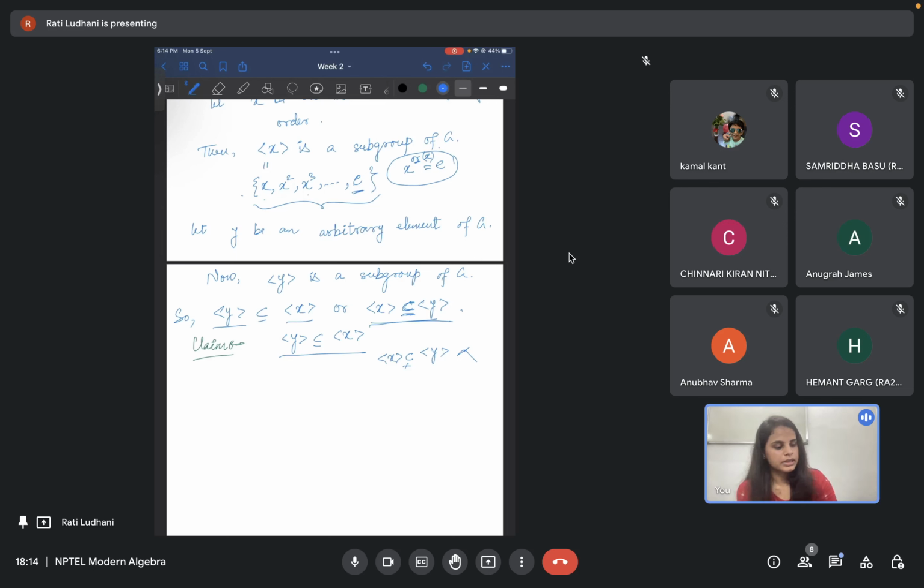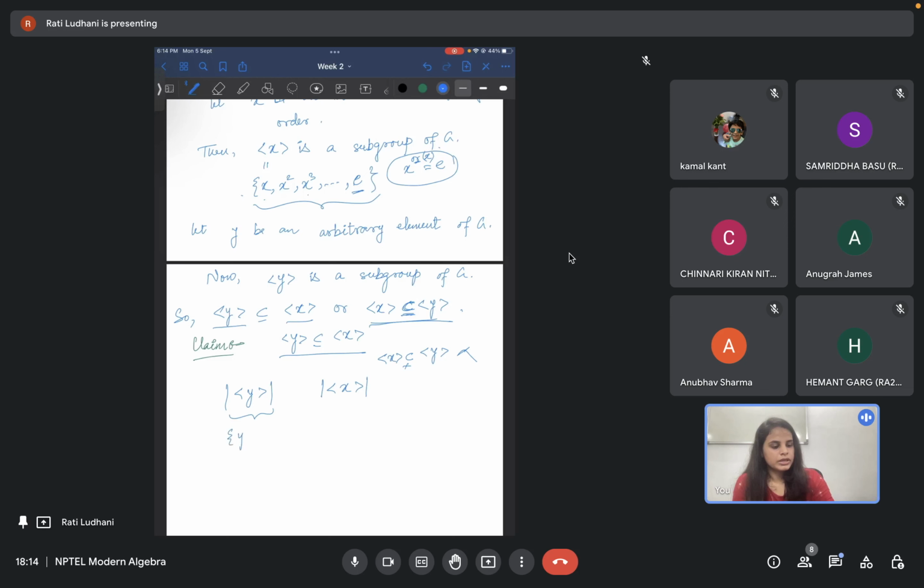Now finiteness comes into the picture. Let's check the number of elements in this group. I'm not saying what the relation between these is. This is the cardinality of this set.